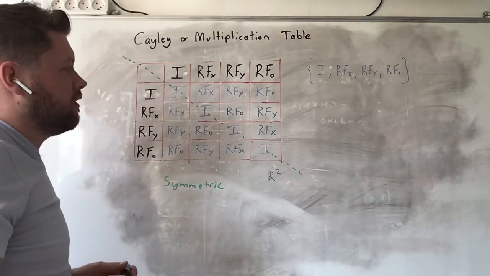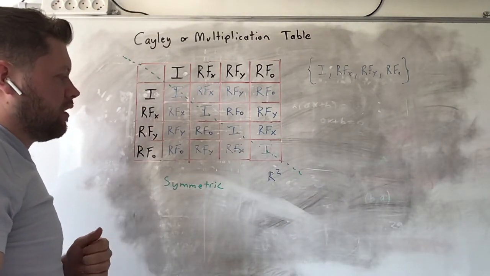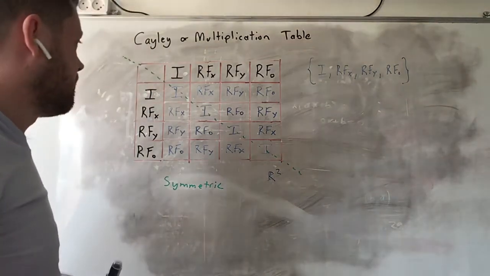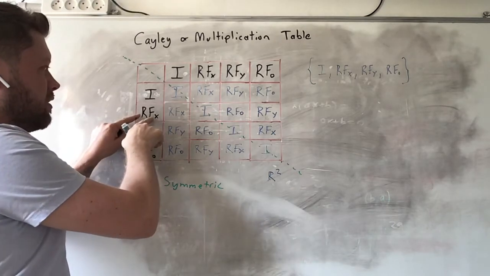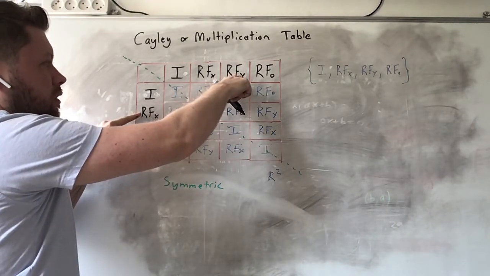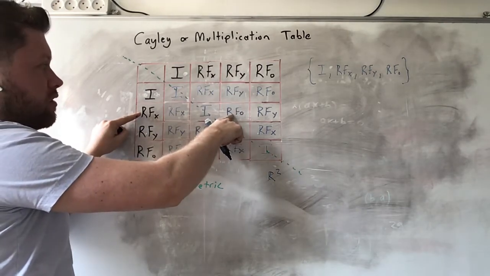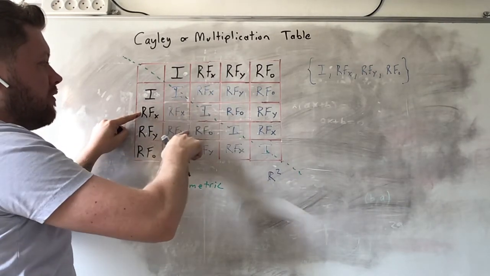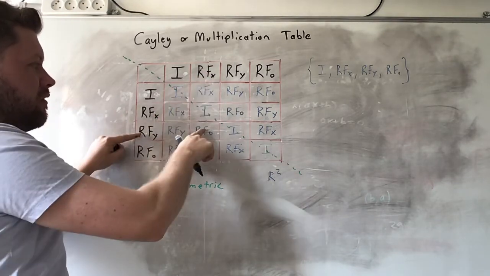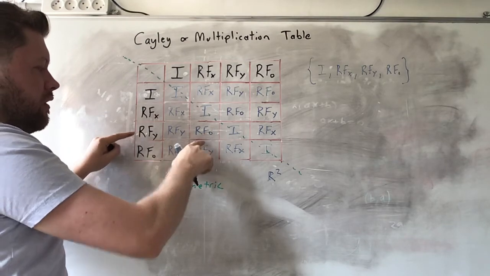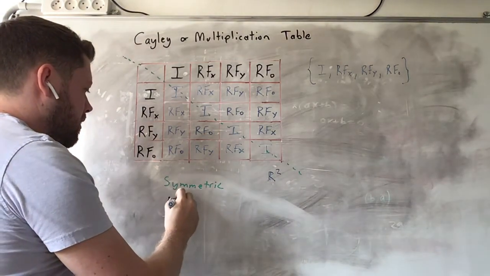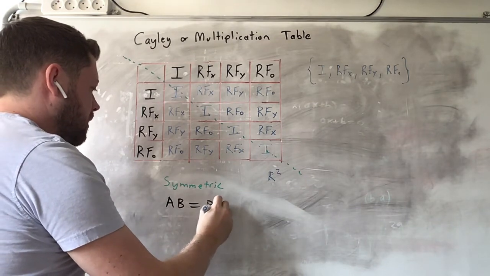We call this symmetric. And what that really means, if you think about it, is that reflection in the X and then reflection in Y, which gives you reflection in the origin, is the same answer as if you first reflected in Y and then reflected in X. You still get the same reflection in the origin. In other words, AB equals BA.